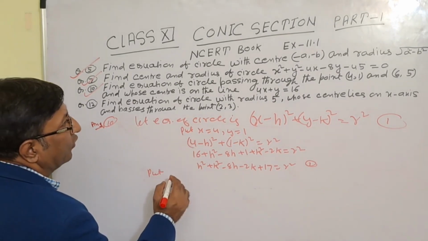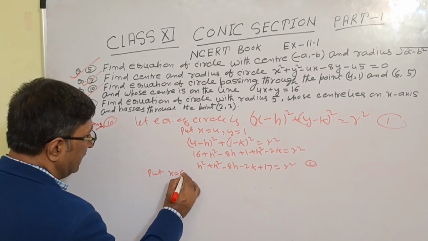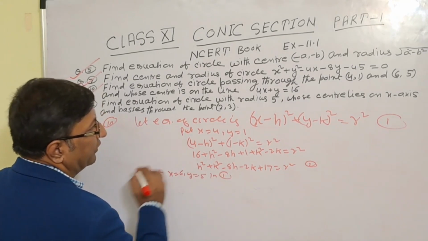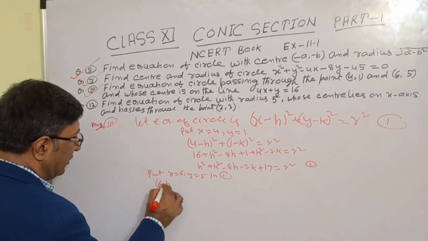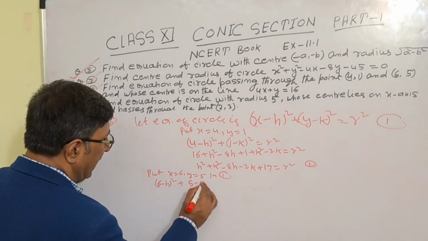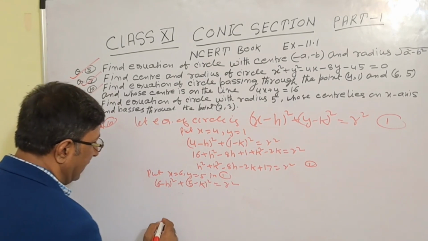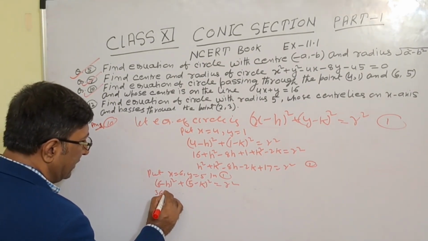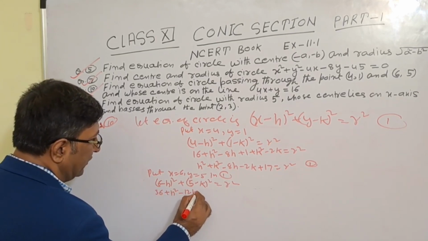Again put x equals 6 and y equals 5 in the first equation. So you will get (6 minus h) whole square plus (5 minus k) whole square equals r square. So we can write 6 square, 36, plus h square minus 2ab, that is 2 sixes are 12h.